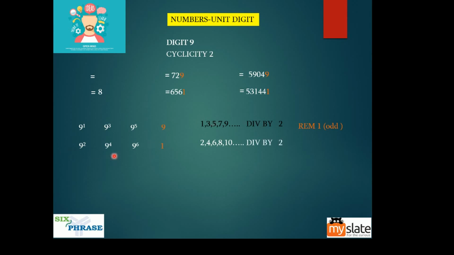Now they are even numbers, and if it is even, 1 is your unit digit. So 9 power 44: is 44 even or odd? It is even, so 1 is your unit digit. 9 power 1025: is it even or odd? It is odd, so 9 is your unit digit.